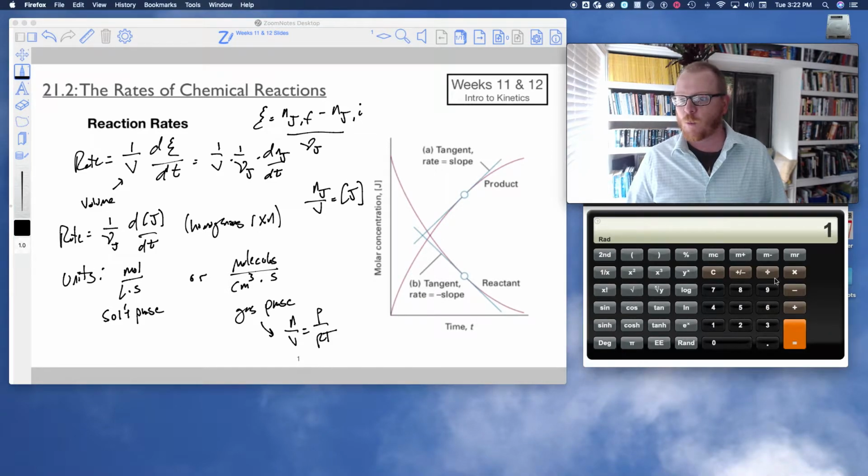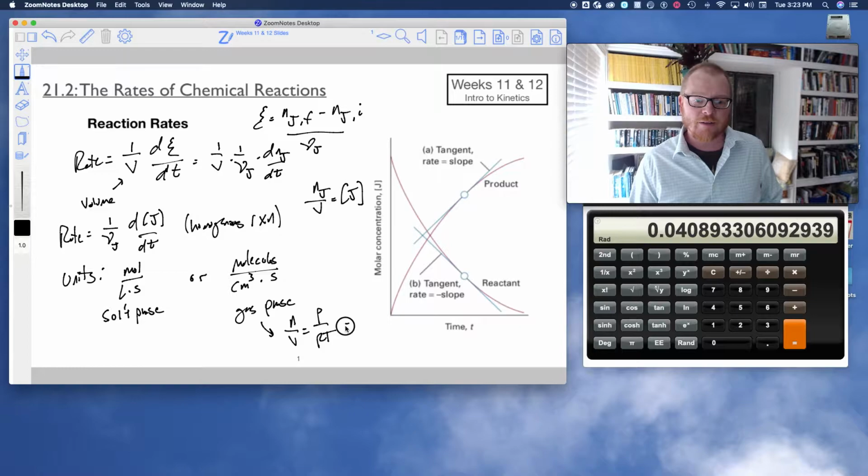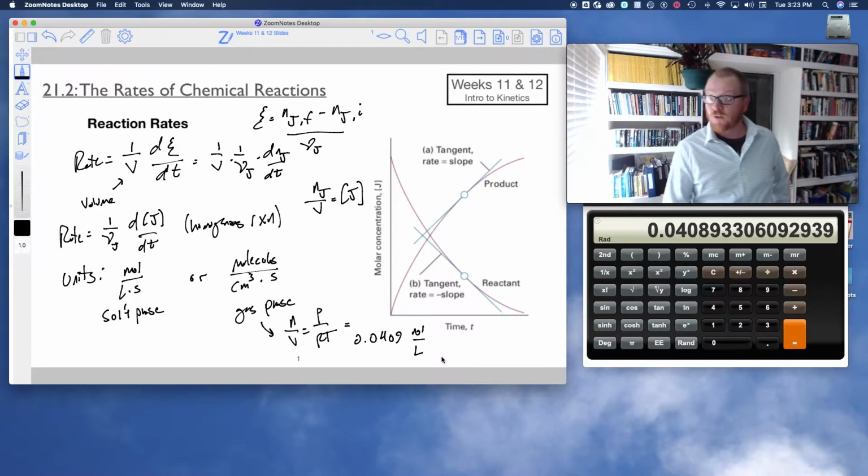So I can say 1 divided by 0.08206, and then divided by 298. So that gives me, I'll do 3 sig figs, 0.0409 mole per liter.